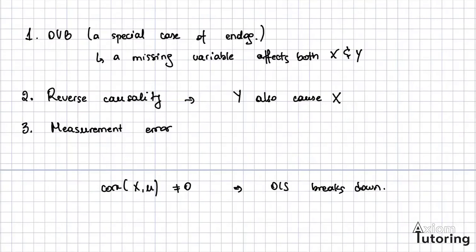Endogeneity means X is contaminated, which means it carries information that belongs in the error term. If you think back to the regression anatomy, we had the Frisch-Waugh-Lovell theorem that showed us that the beta hat is identified from the variation in X that is independent of everything else. Now, if that independent variation does not exist, because X is tangled up with U, then we can't cleanly identify the beta.